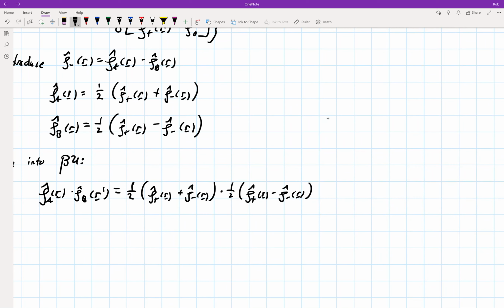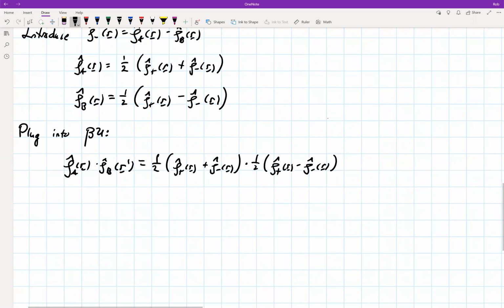And then when we multiply everything out, of course, it's straightforward multiplication. The middle terms are going to cancel because we'll have a plus rho minus times rho plus, and then a minus rho minus times rho plus. And so it's only the quadratic terms that survive.